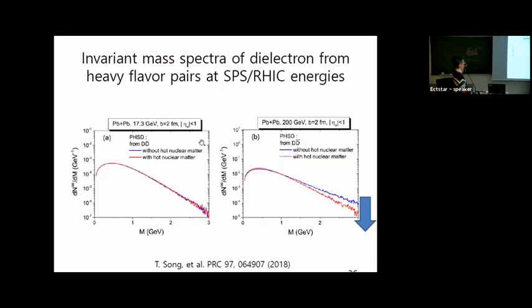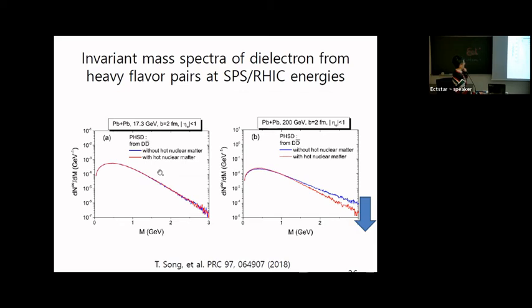This is the invariant mass spectrum of dielectrons from heavy flavor pairs. The left figure is SPS energy, and the right figure is RHIC energy. The blue line is without hot nuclear matter, so we switched off partonic scattering and hadronic scattering, but the red line includes hot nuclear matter, so we have partonic scattering and hadronic scattering.